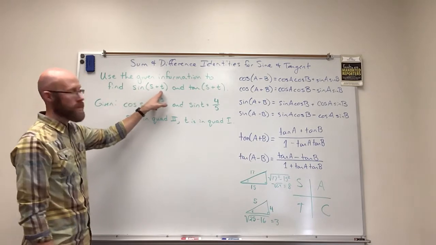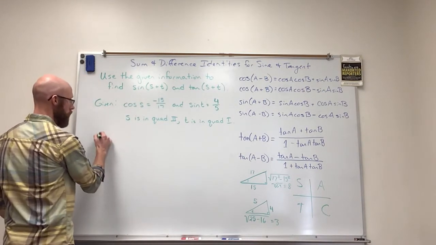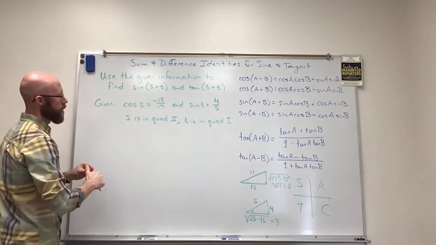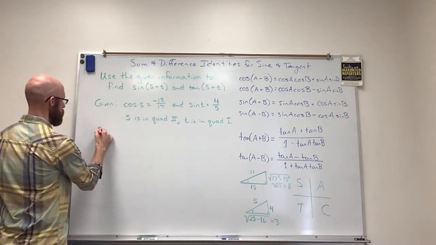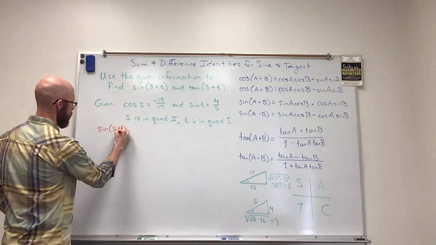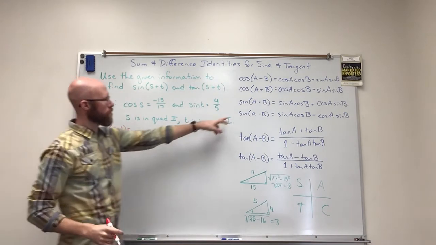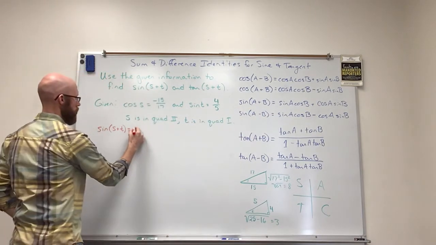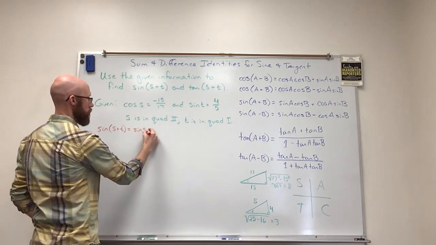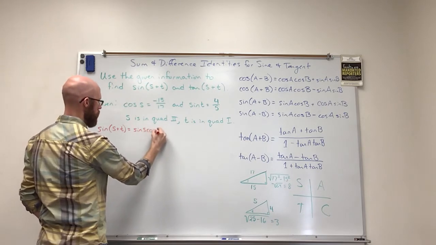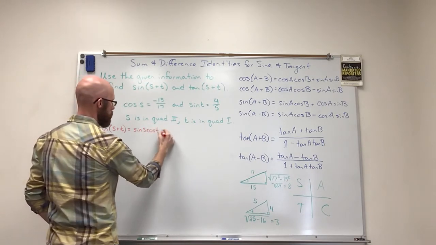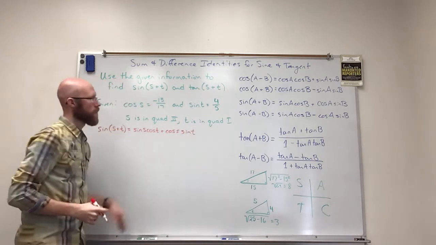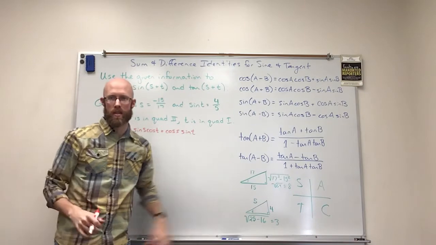Let's look at sine of S plus T first. Maybe I'll change colors just because I'm getting a lot of green up here. So let's go with the sine of S plus T. Using the sum formula for the sine, it's going to be the sine of S times the cosine of T plus the cosine of S times the sine of T, if I switch my A's and B's to S's and T's, right?